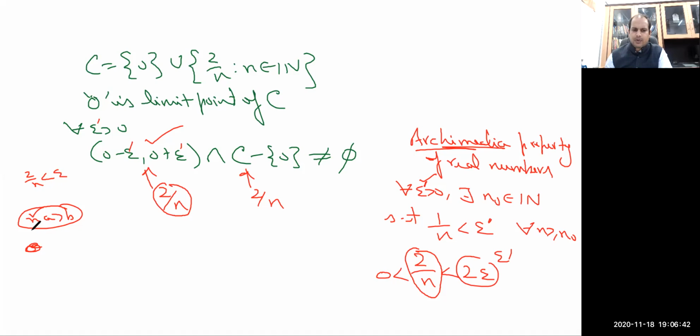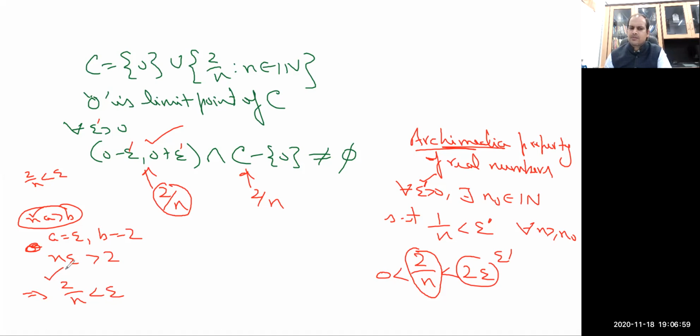So in place of A, just take A equal to epsilon and B equal to 2. If we take this, then we have n times epsilon is greater than 2. So here we have 2 by n. This implies that 2 by n is less than epsilon.